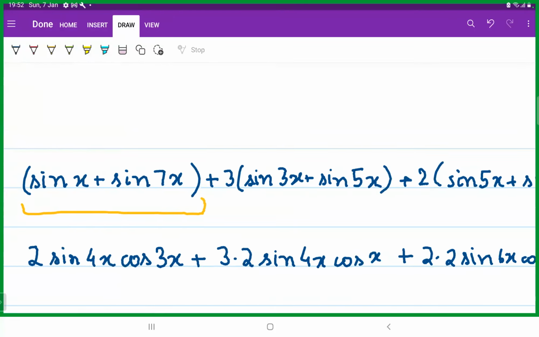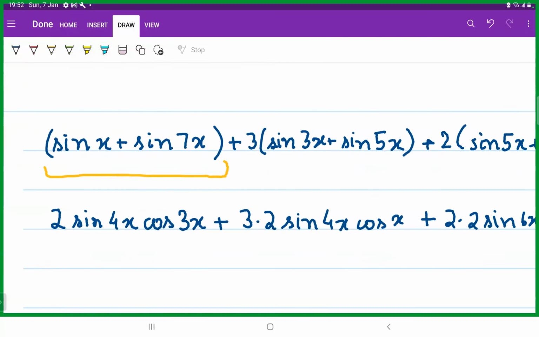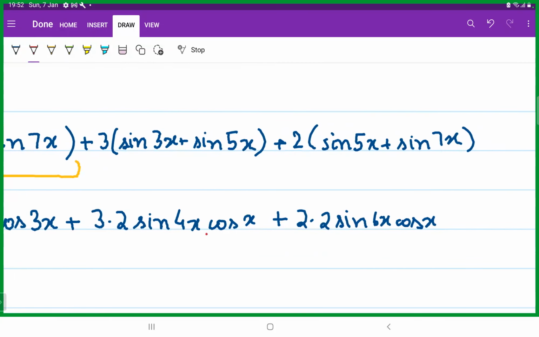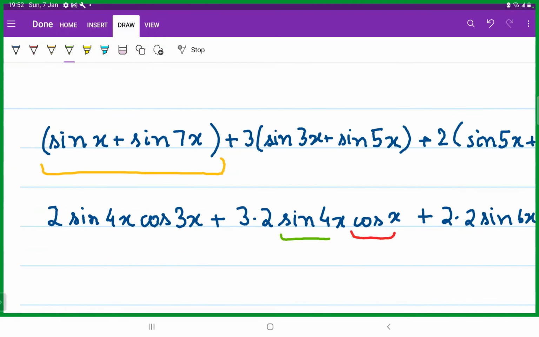Let's do one thing. We have cos x over here and cos x over here, and we also have sine 4x in two places. So we will try to get these common terms together.